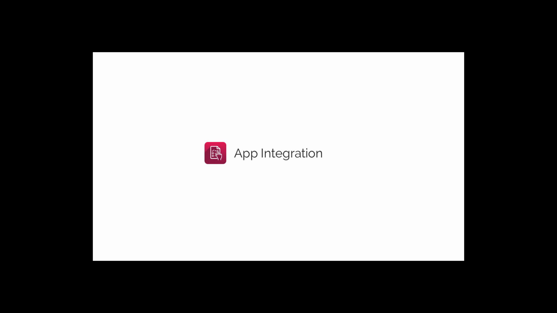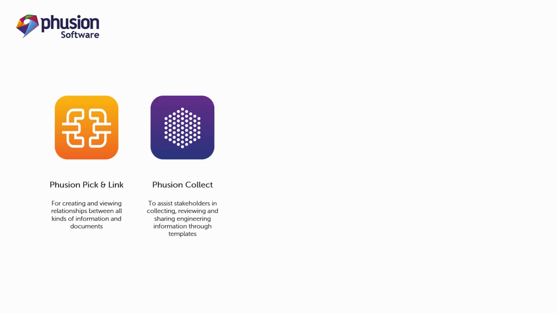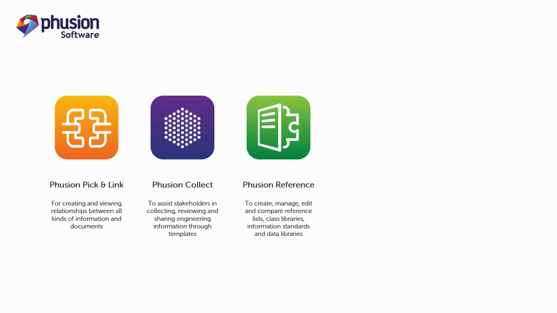App integration. The primary purpose of Phusion Onsite is for remote information collection. However, on acceptance of a submission to Phusion Onsite, your data can be pushed to other Phusion apps for managing your engineering information further, such as Phusion Pick and Link for creating and viewing relationships between all kinds of information and documents, Phusion Collect to assist stakeholders in collecting, reviewing, and sharing engineering information through templates, Phusion Reference to create, manage, edit, compare, and reference lists, class libraries, information standards, and data libraries.